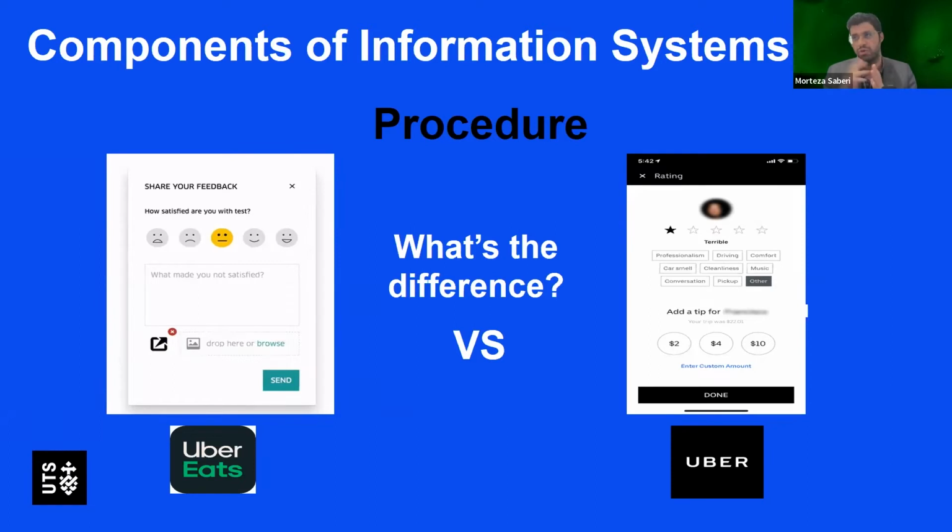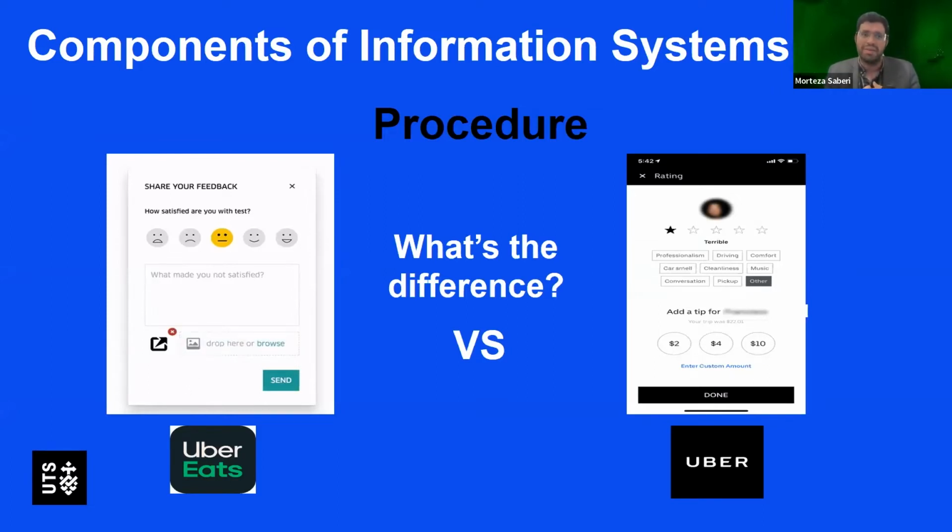For Uber, when you are finishing your trip, they send you a pop-up message in your Uber app and ask you for feedback. So you can have closed loop feedback, and you can write something if you are not satisfied with those predefined feedback options. But what's the difference with Uber Eats?